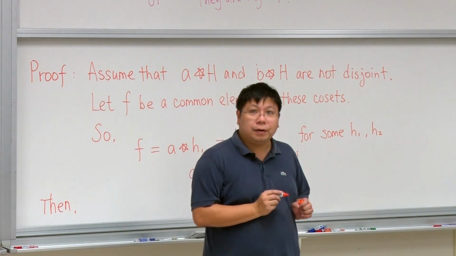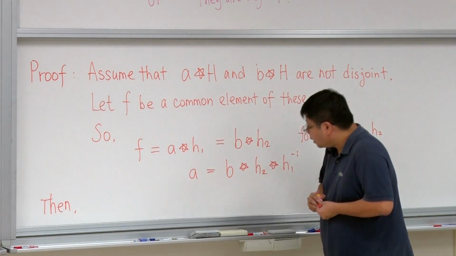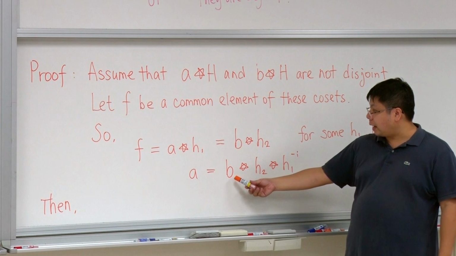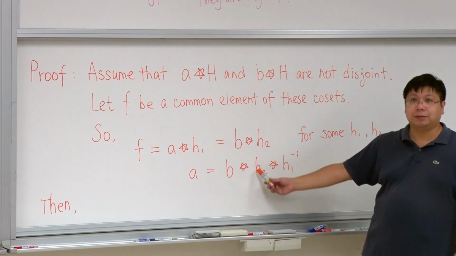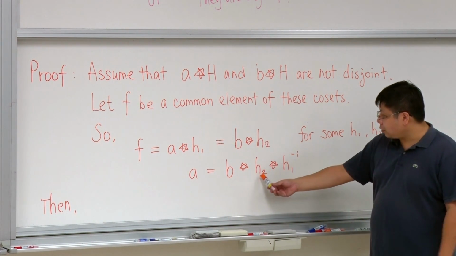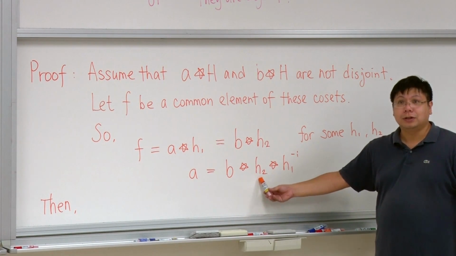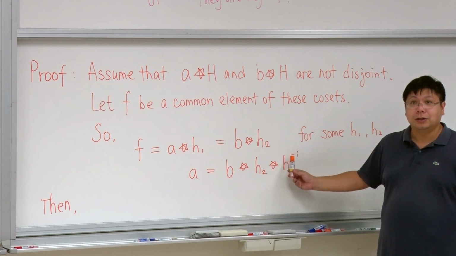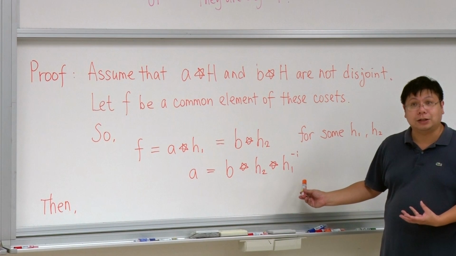So what is A? Now A can be expressed as B star something like this, right? H2 is in H, and H1 inverse is in H, so the product is also in H, right?